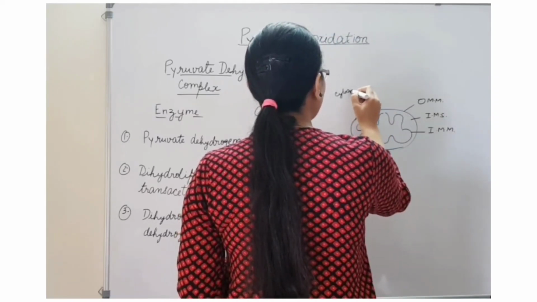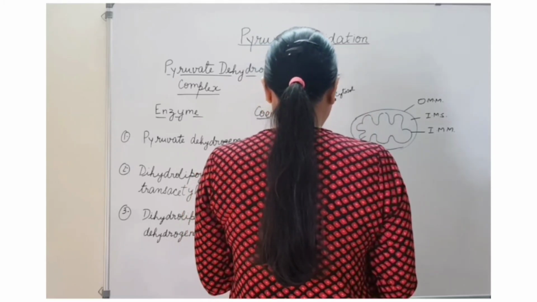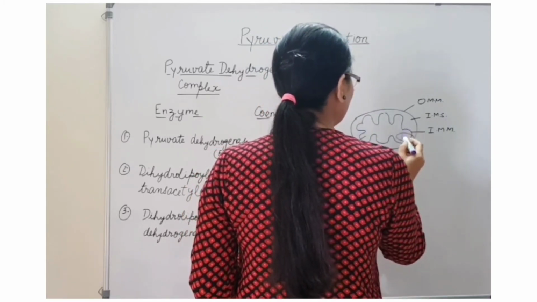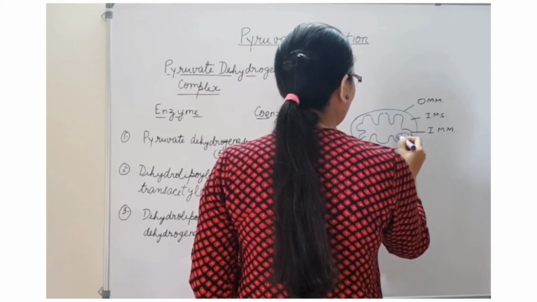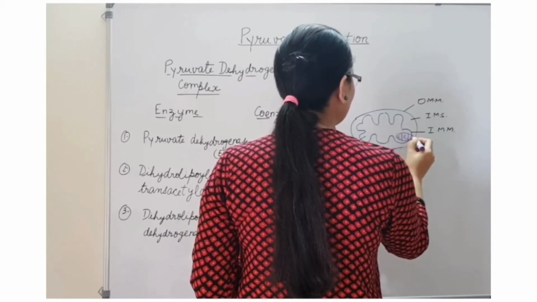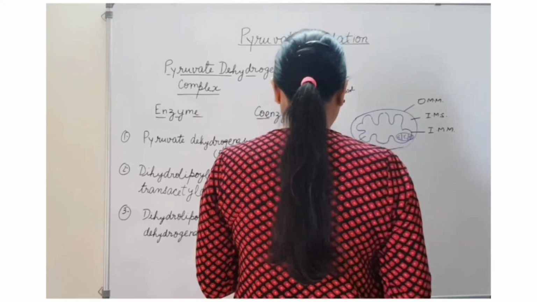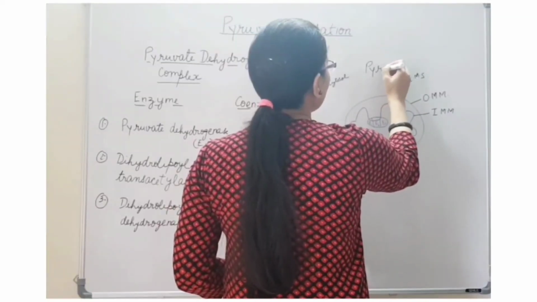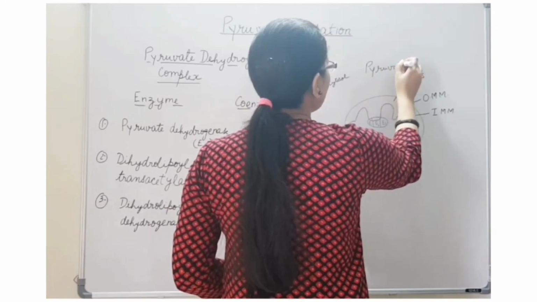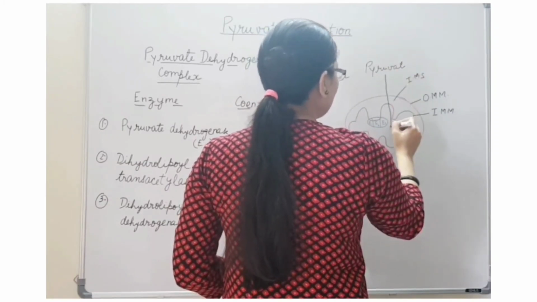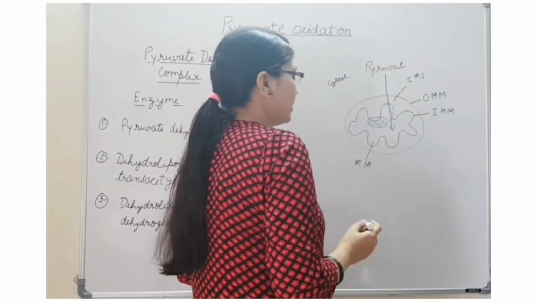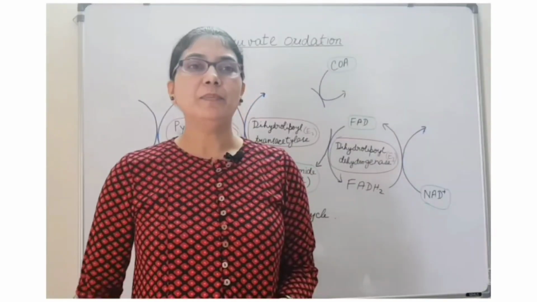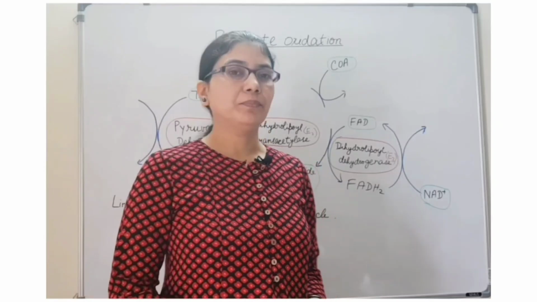This is cytosol. So the enzyme is located on inner mitochondrial membrane, E1, E2, E3. Through glycolysis, pyruvate is produced in cytosol and then it enters the mitochondrial matrix, and here the entire reaction takes place. Let us see the entire reaction in detail.